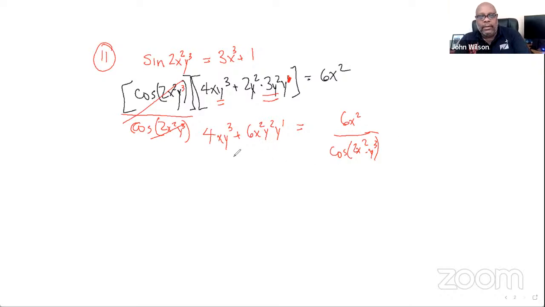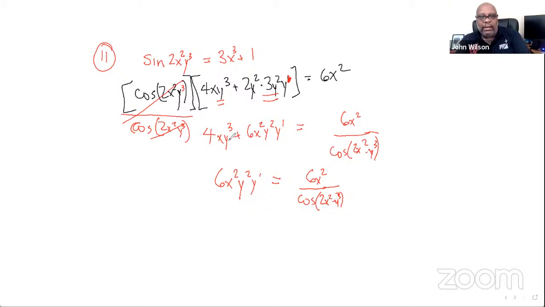Okay. All right. So now I got to subtract the 4xy cubed from both sides. It's 6x squared y prime, right, is equal to this fraction, 6x squared over cosine 2x squared y cubed, minus 4xy cubed. I tell you, when you get to these implicit derivatives around Thanksgiving Day, your friends in class will be gasping for air.